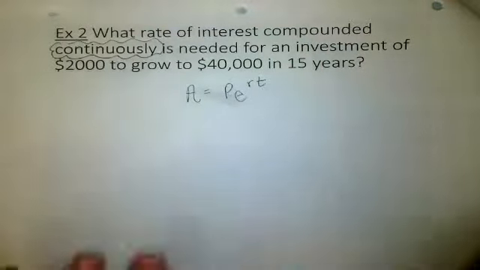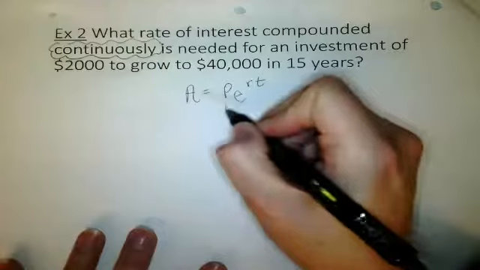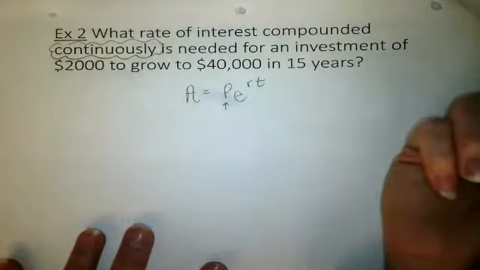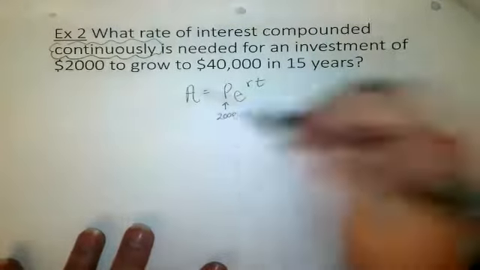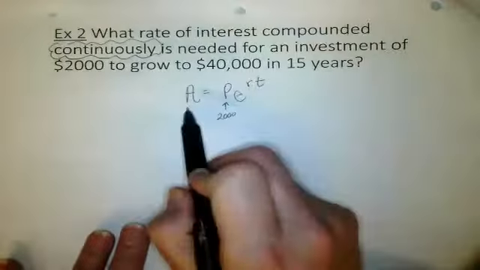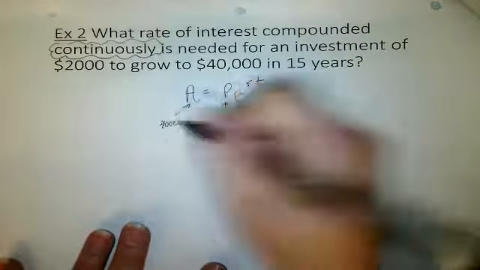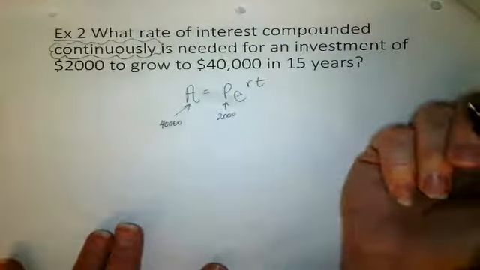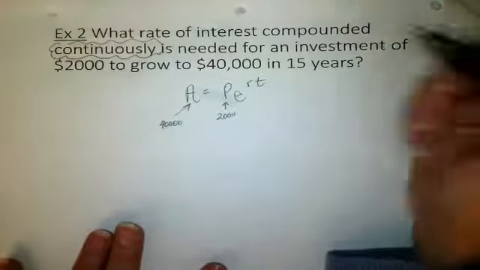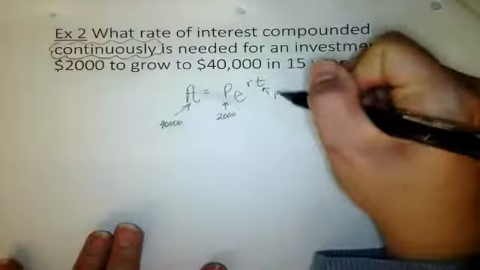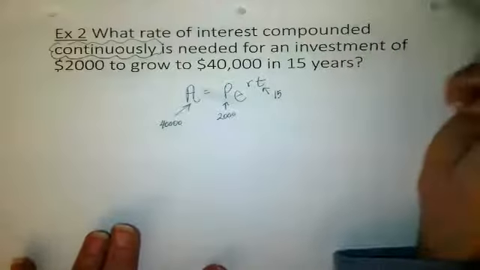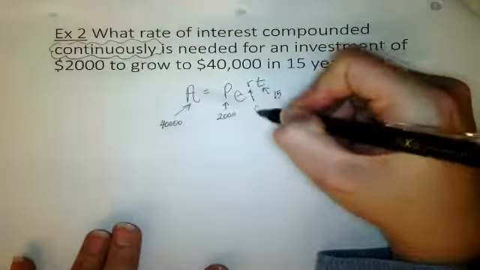And what are we plugging in for the principal? 2,000. And what is A going to be? 40,000. And what else do we know? Time, 15 years. And we are solving for R.